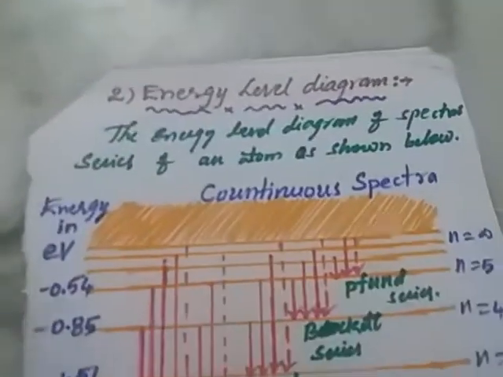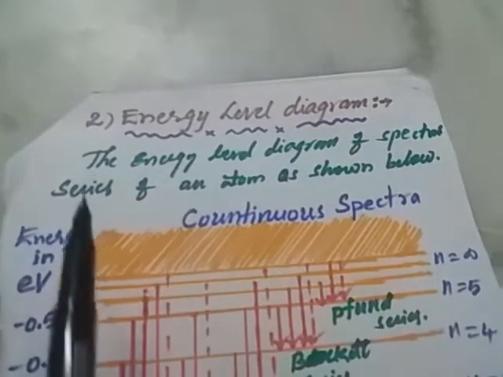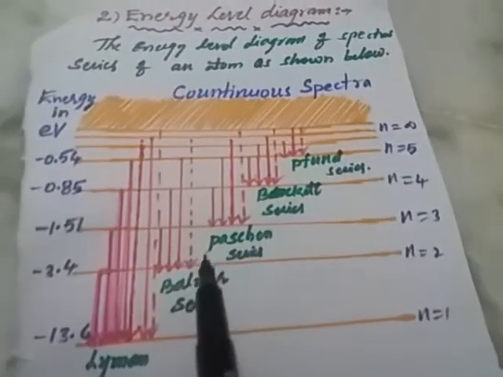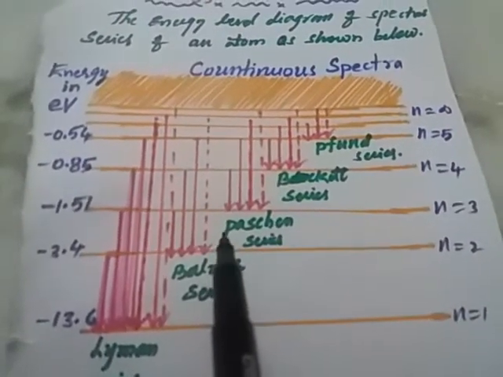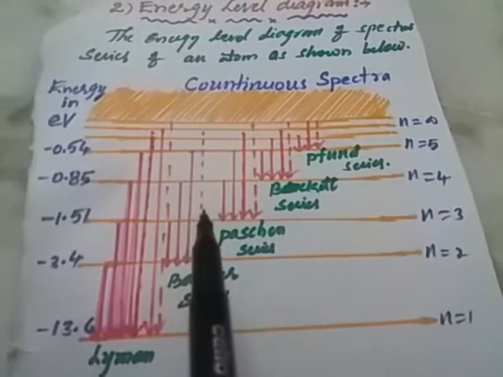Which diagram here? Energy level diagram. So students, what is the second diagram? The energy level diagram. The energy level diagram indicates the energy levels of the spectral series of an atom, as shown below. This is a simple and excellent energy level diagram of an electron or atom.